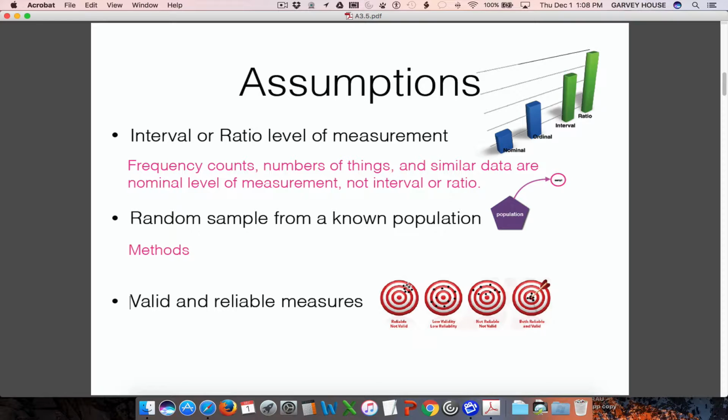So these are reliable data, but they're not valid. In this diagram, you have a shotgun appearance where all the data are scattered around and they don't cluster in any particular area. So these type of data in terms of being valid and reliable, it's low validity and low reliability.